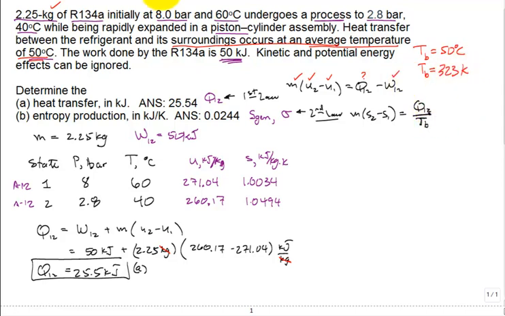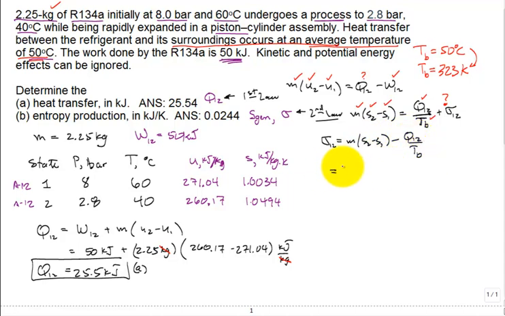Okay, and then the other term is the entropy generation, sigma 1 to 2 in our textbook. This is what I'm asked to solve for. It's my entropy production due to irreversibilities. I just calculated Q 1 to 2, TB was given to me and I converted it into Kelvin, out of the tables we got the S's, and we were given the mass, so it's pretty straightforward. So let's solve for sigma 1 to 2 is equal to m times S2 minus S1 minus Q 1 to 2 divided by TB.